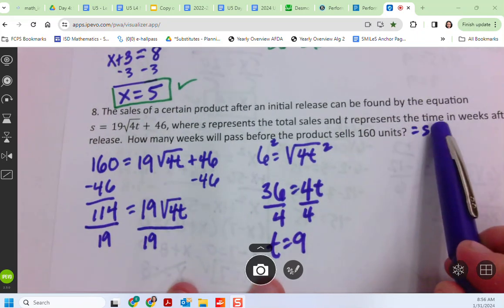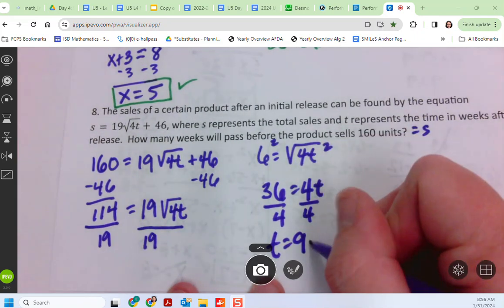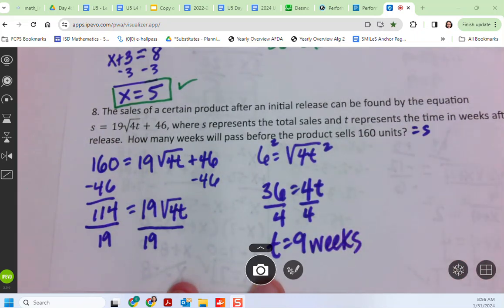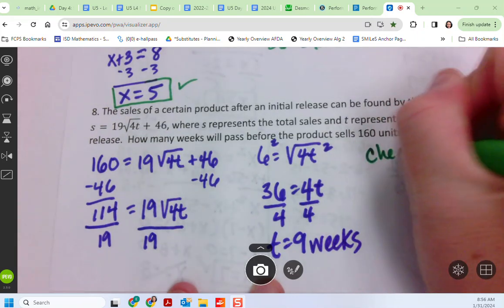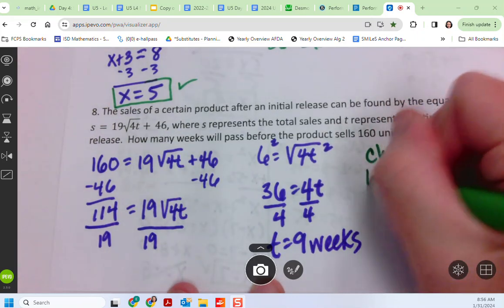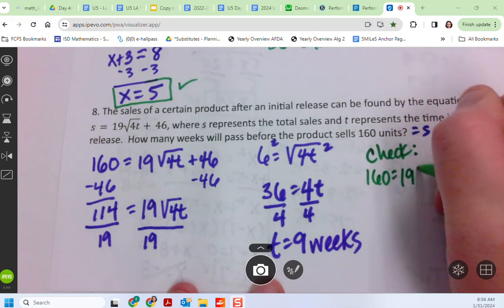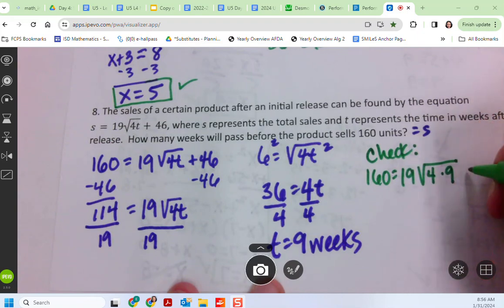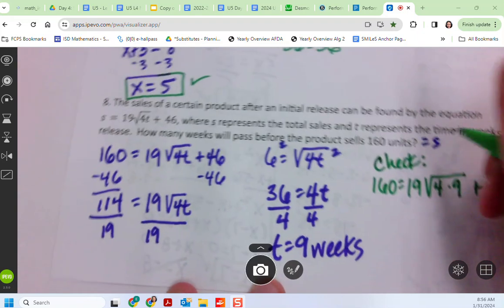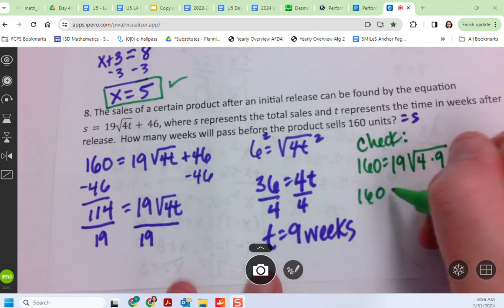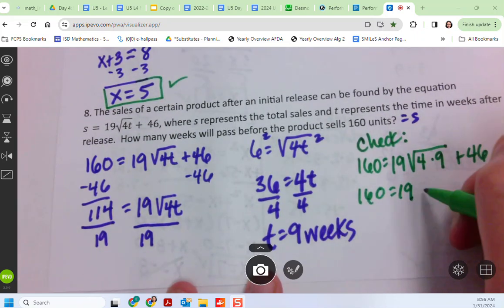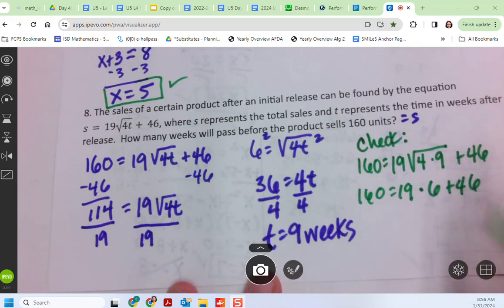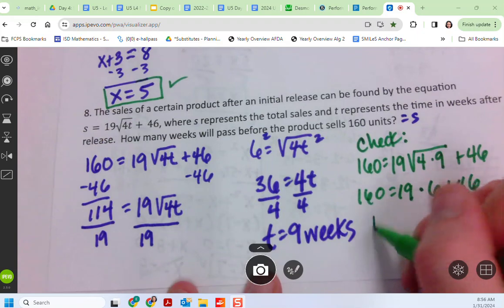I am going to check it. 160 is equal to 19 times the square root of 4 times 9 plus 46. Let's see, that's going to be 36, and square root of 36 is 6. Nineteen times 6 is 114. And it looks like it's working out.